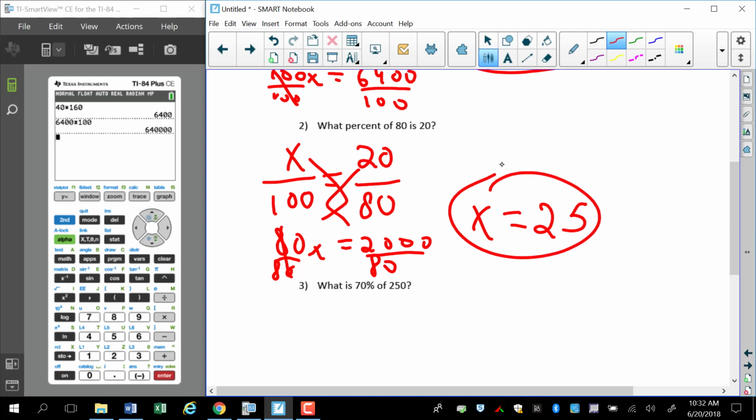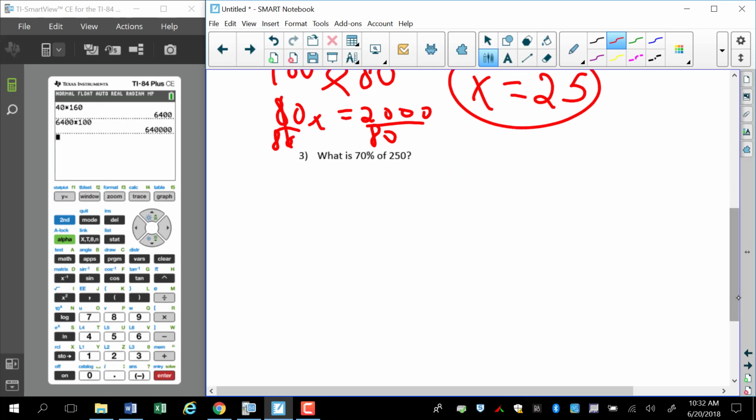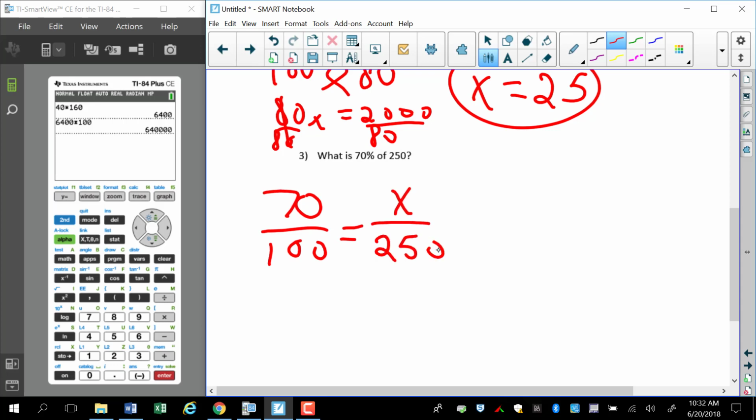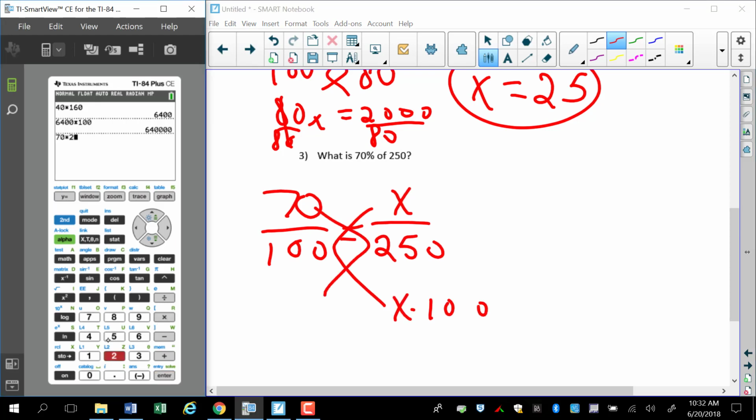What is 70% of 250? Well, the same thing. We know that 70% is 70 out of 100. So what is that out of 250? Cross multiply again. x times 100 equals 70 times 250.